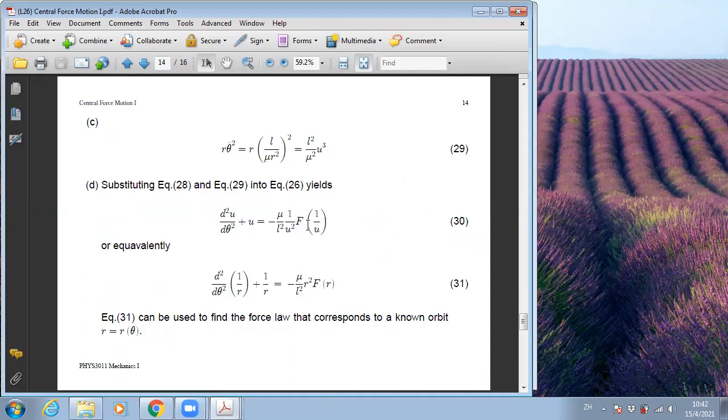Proportional to U squared, sorry. And U squared divided by U squared gives you 1. So the right hand side here is constant. So what you need to do is to solve this equation: U double prime plus U equal to a constant. Do you know how to do it?